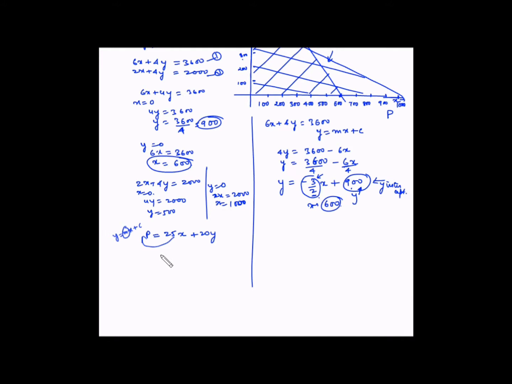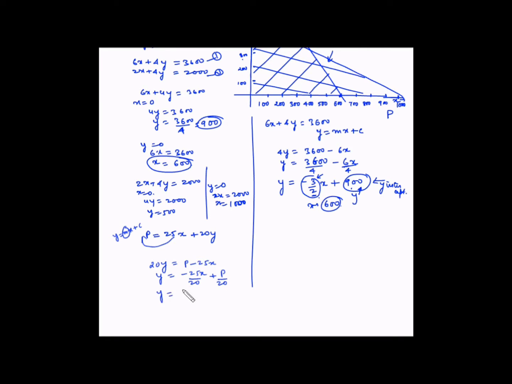So let us bring this x here on this side. So we get 20y is equal to p minus 25x, or y is equal to minus 25x divided by 20 plus p divided by 20.